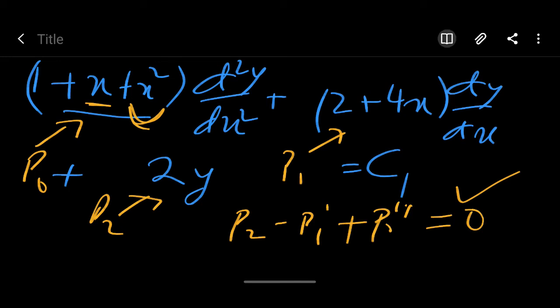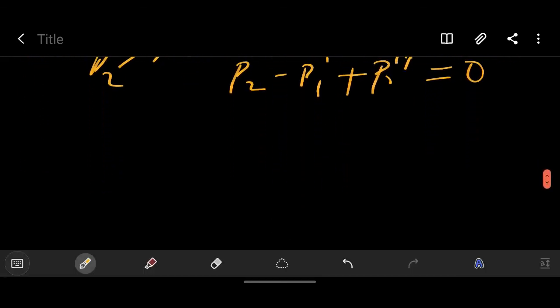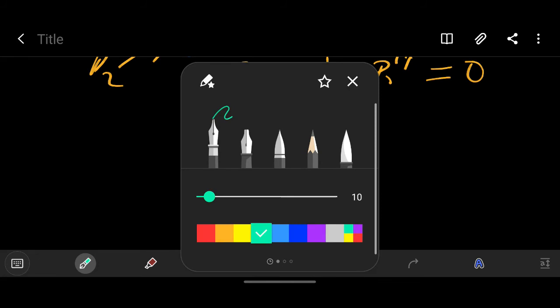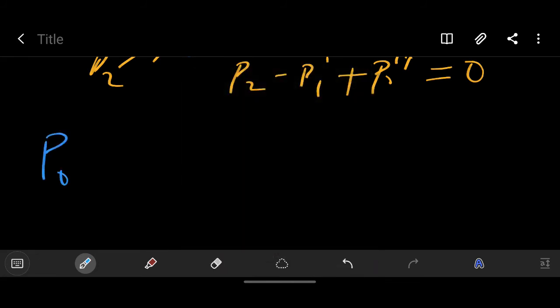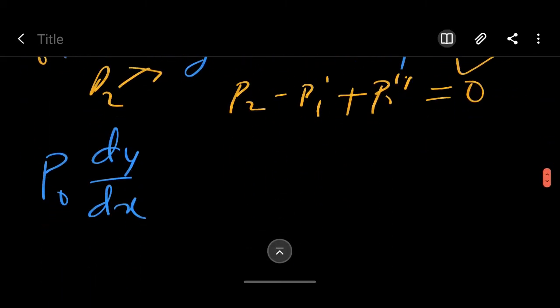So when reducing it, we will integrate the right hand side, and then we will get P naught dy dx, because now our problem here becomes second order, and if it is exact, then it will become first order now.